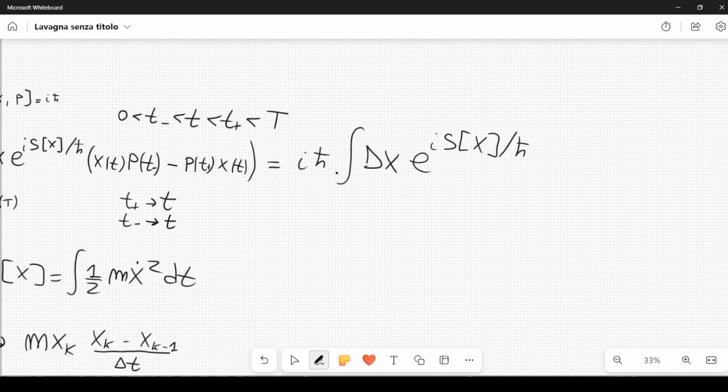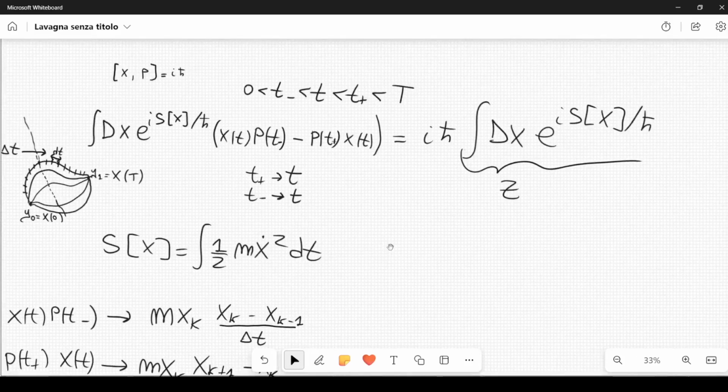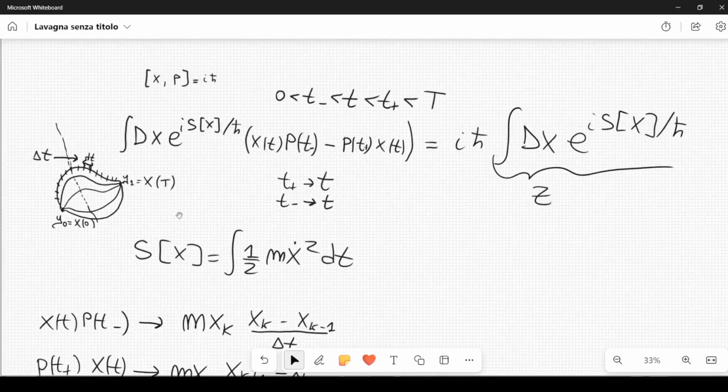And this is just the partition function from this point y_0 to this point x of t, if you want, which we have not used here, but you have to think that we have a starting point and an end point for the partition function.